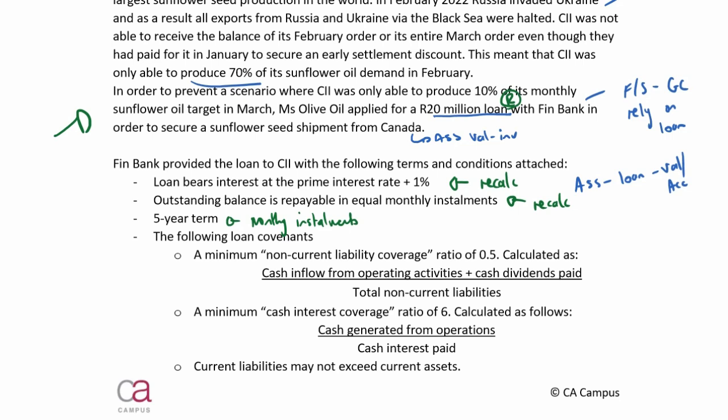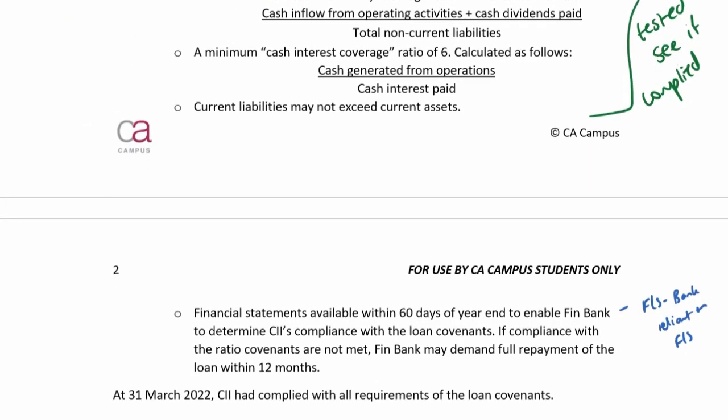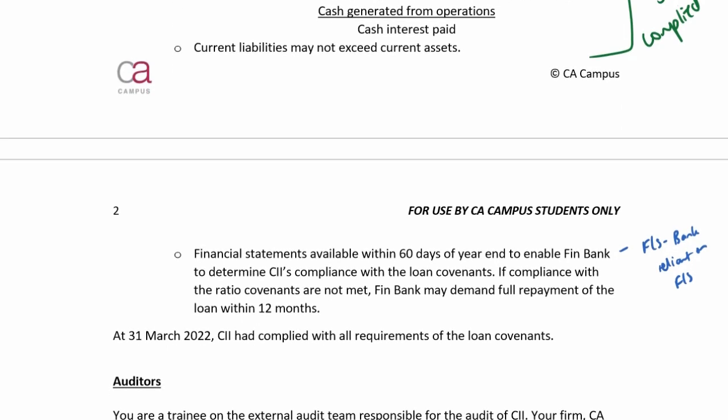There are covenants, there are rules with regards to this loan. This is going to have to be tested to see if they have complied. Because if they don't comply, then full repayment is within 12 months, not the 5-year period. Okay, they note here that they have complied, but the auditor can't just say, oh, they say they have, so they have.